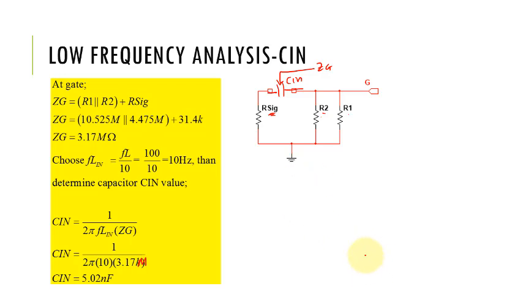Okay, so 2 times, this one is not correct, times 10, times 7 mega ohm. This one is only a typo, so the value is correct. We get around 5 nanofarad.